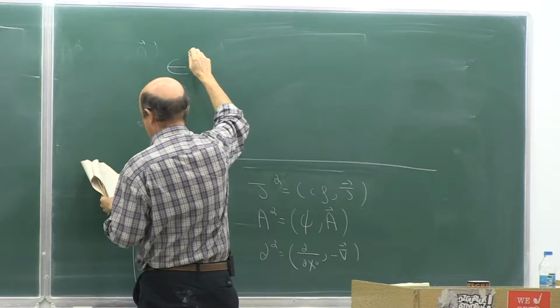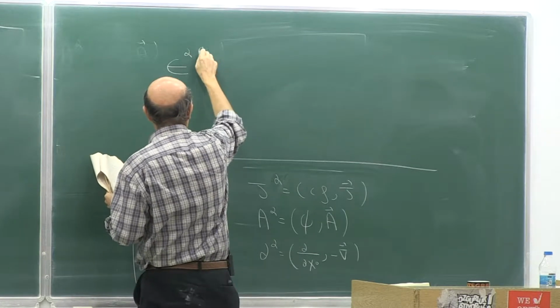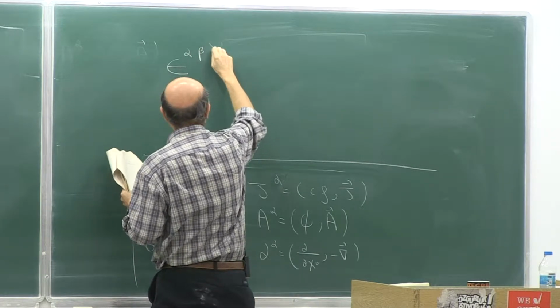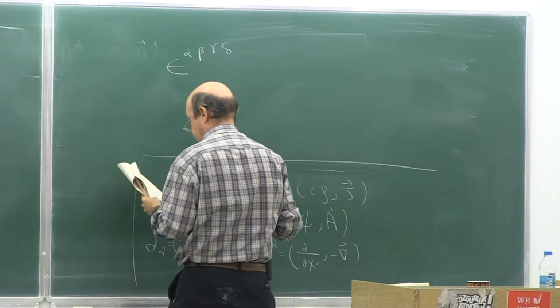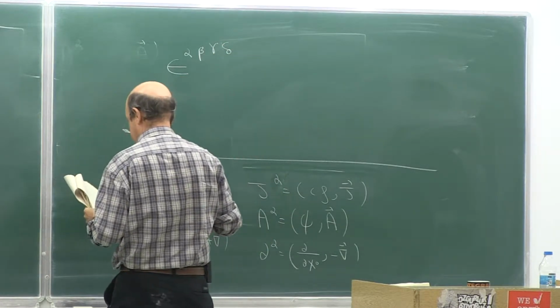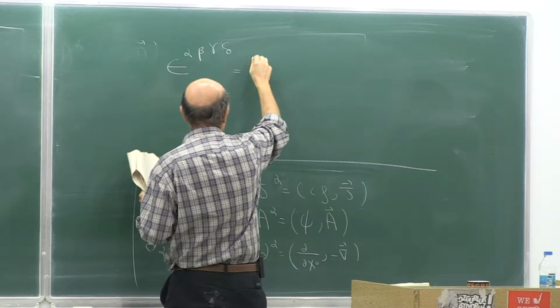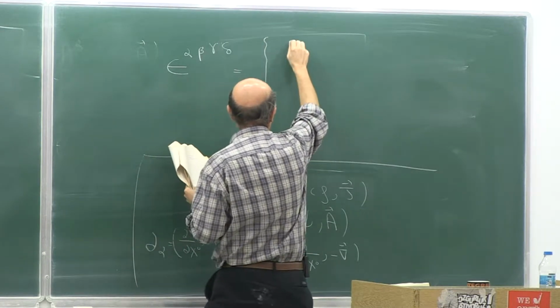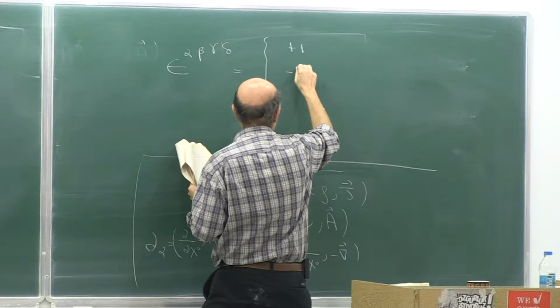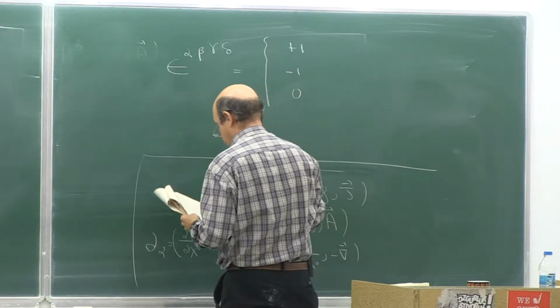epsilon alpha beta gamma delta. So the property of this is the following. You have three choices, +1, -1, or 0.